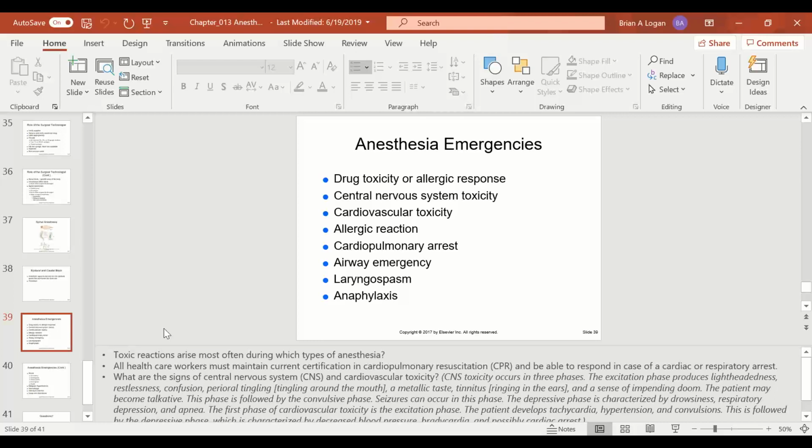Laryngospasms lead to an airway emergency, because now it's opening and closing and opening and closing. You can't get a tube in there, and it may start to spasm where it's closed and shaking, and it never really opens enough to get oxygen in. And then anaphylactic, the most severe of allergic reactions.